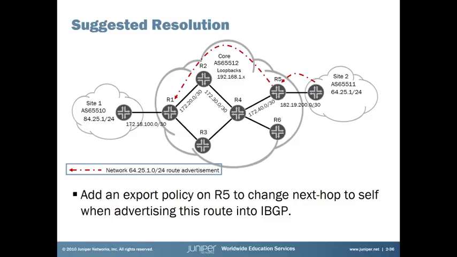Now you might say, well, why isn't it part of that IGP? Could it be? Well, yes, it could be. But that particular link from R5 to site 2 has not been included in the IGP for that provider's autonomous system.